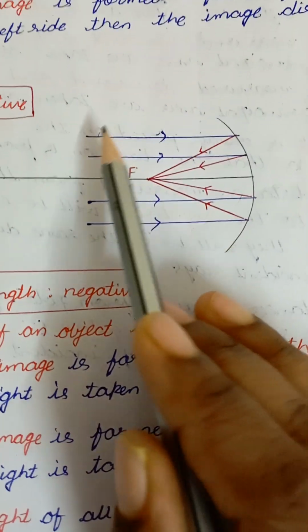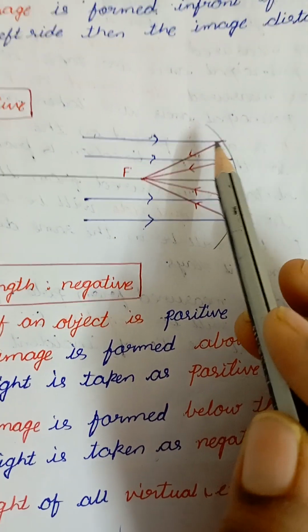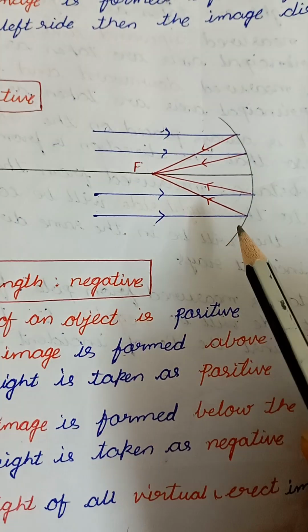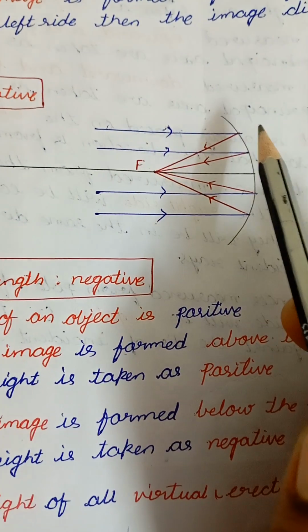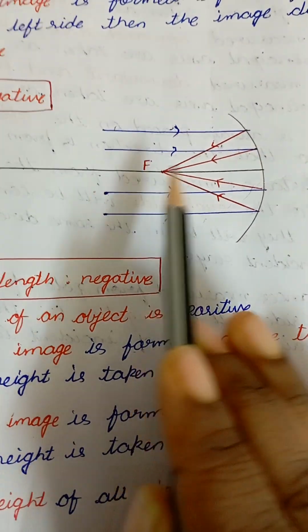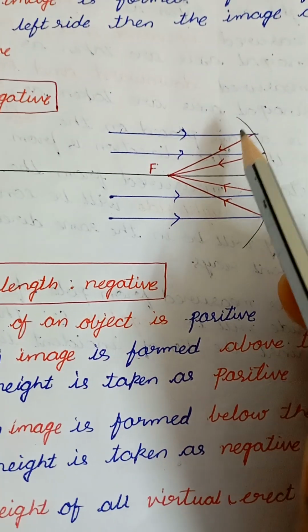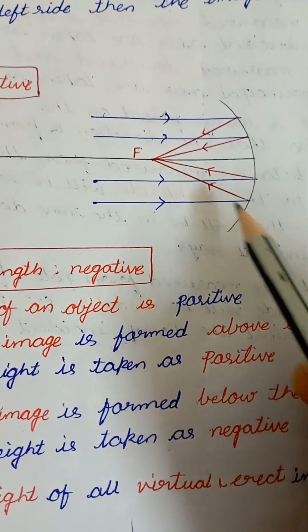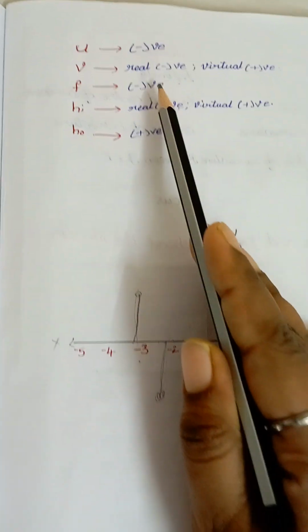And focus, if we see, we are sending light rays like that. Where will we get the focus? Opposite to the direction of the incident rays. Incident rays are going like this, but the focus is in the opposite direction. That's why focus is negative.